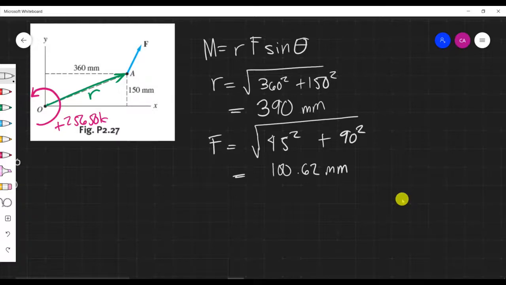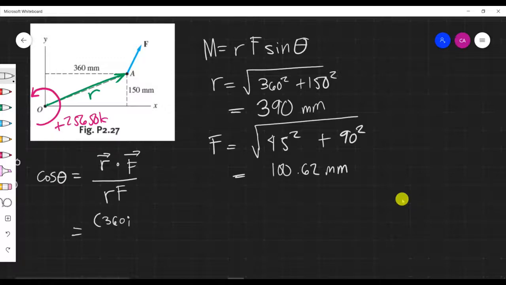So, meron tayong R and F. So, theta na lang. So, alam natin na yung cosine theta is equals to R vector dot product with F vector over the magnitude R times F. Okay? So, the vector R is 360i plus 150j. Okay? Dot product with 45i plus 90j.